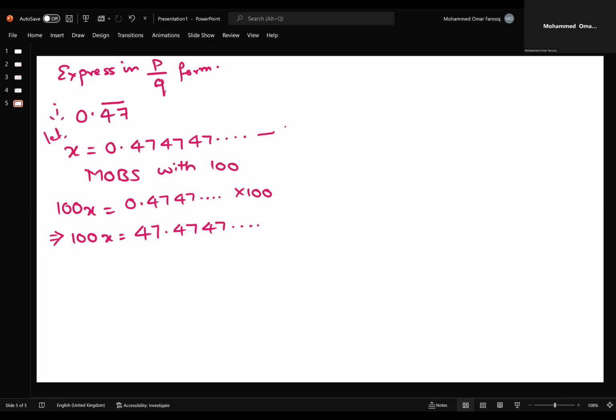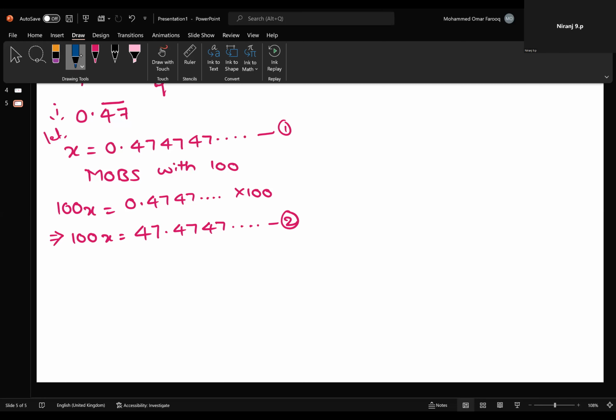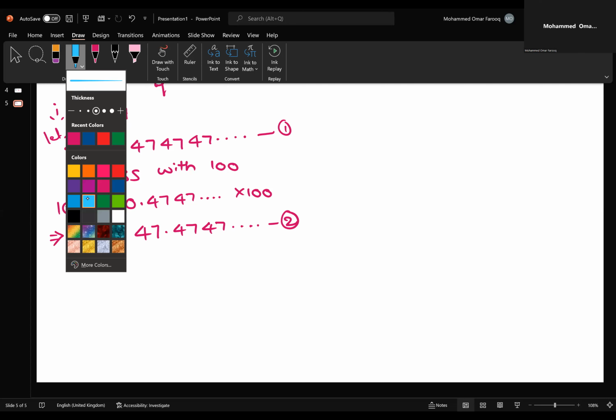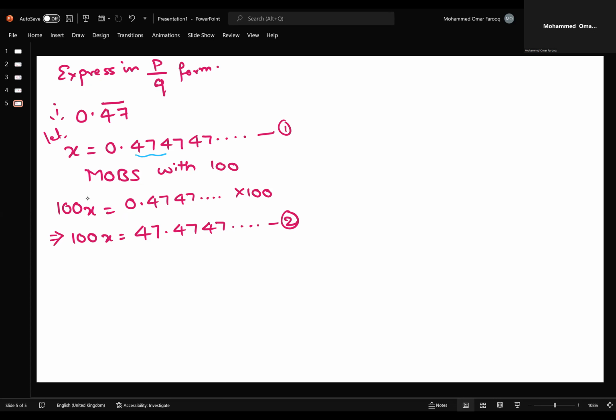This is the second equation. Before subtracting, please check whether the decimal part is equal or not. 474747 here, also 474747. So now, second equation minus first equation: 100x minus x, and 47.4747 minus 0.4747.